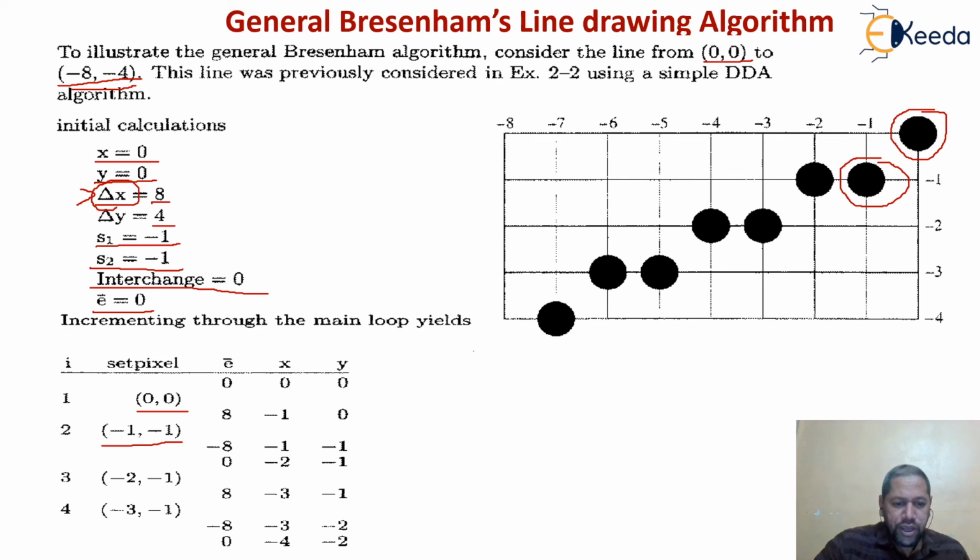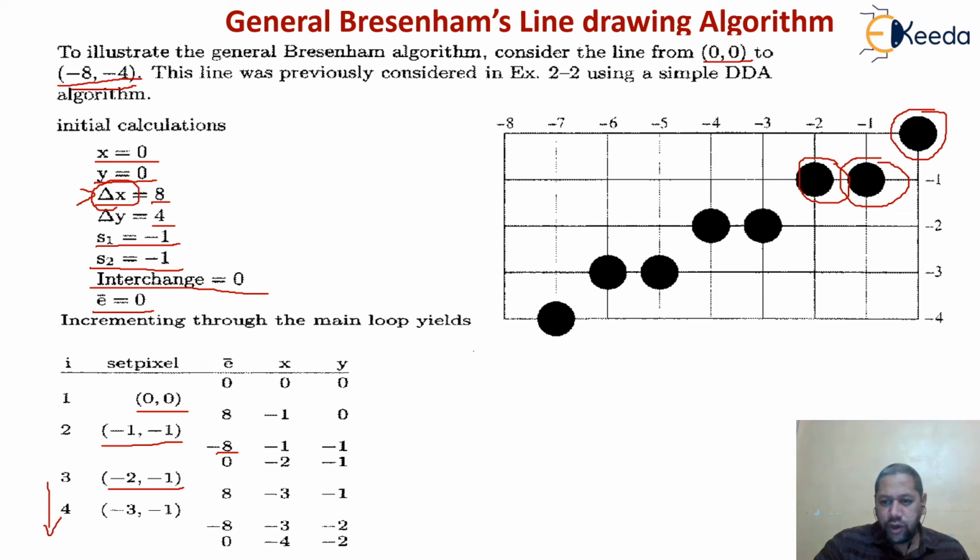What is the new value of e? It is negative. Remember, if the error term is negative, the y value will not change. If the error term is positive, it will be changed. So what is my next value? Here the y value is not changed, so my next point activated will be -2, -1. In this way it will continue.